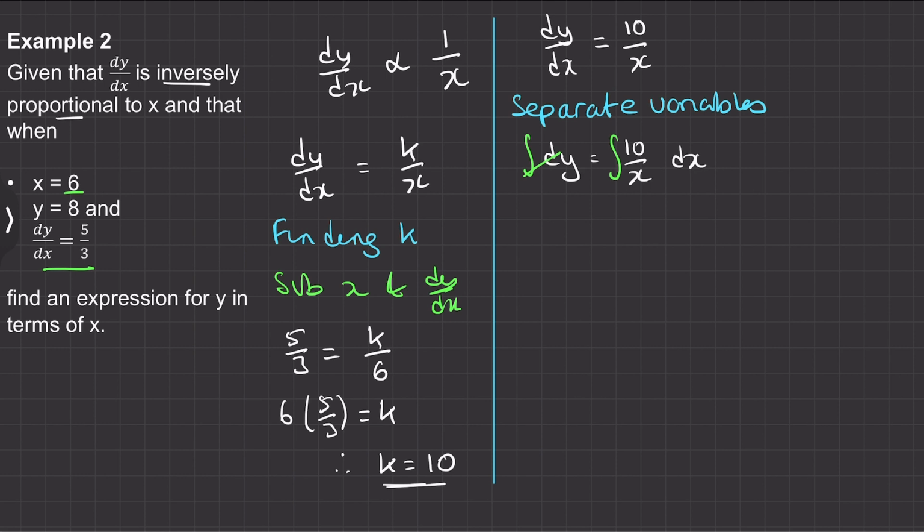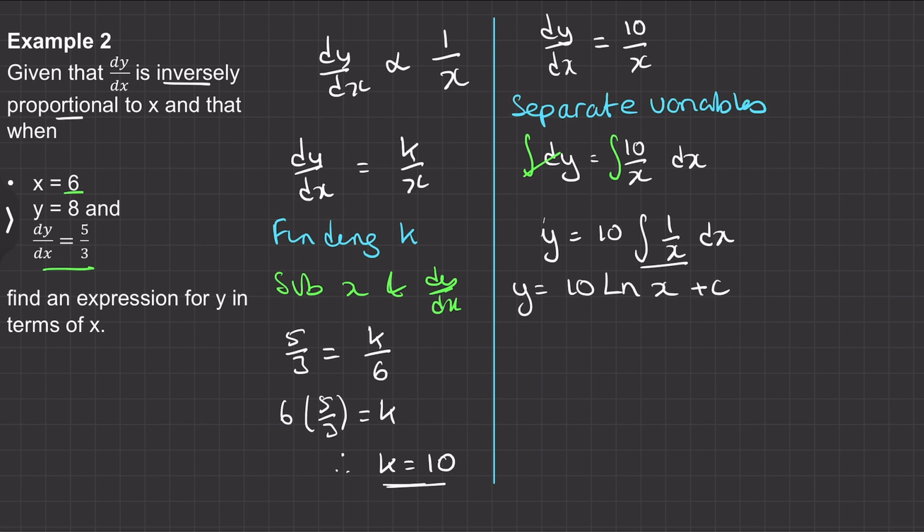So now we've got the integral of dy is y, and this is equal, we can move this 10 in front of our integral. So we have 10 times the integral of 1 over x dx. So therefore, y is equal to 10 times the integral of 1 over x, which is ln, the natural log of x, plus the constant.